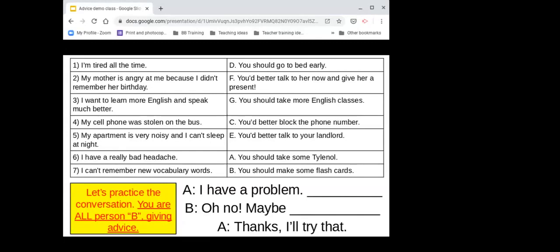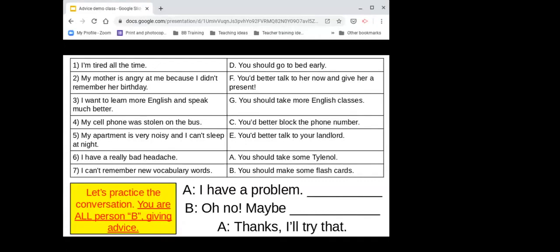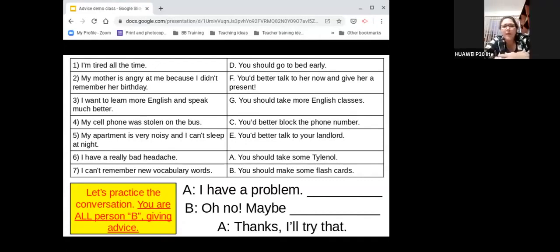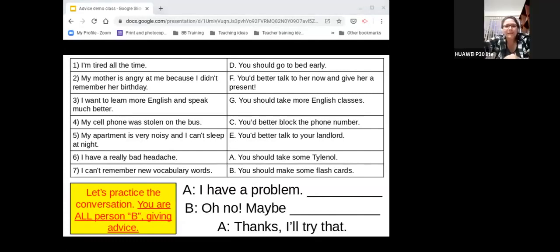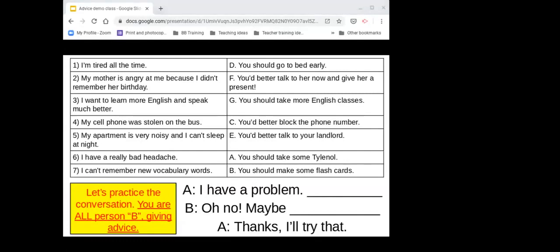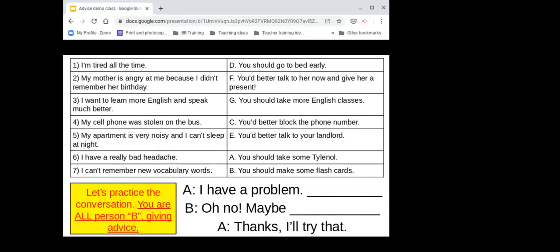Let's continue. Number 4. I have a problem. My cell phone was stolen on the bus. Oh no, you'd better block the phone number. Thanks. I'll try that. Number 5. I have a problem. My apartment is very noisy and I can't sleep at night. Oh no, maybe you'd better talk to your landlord.